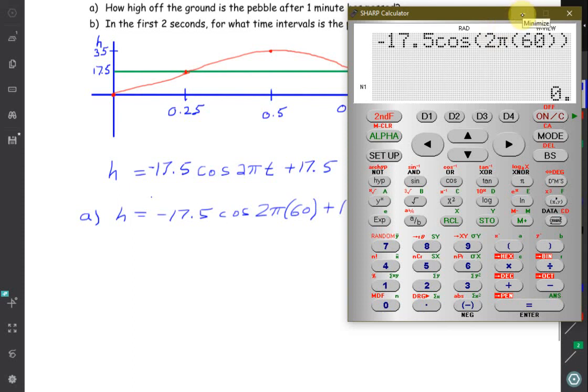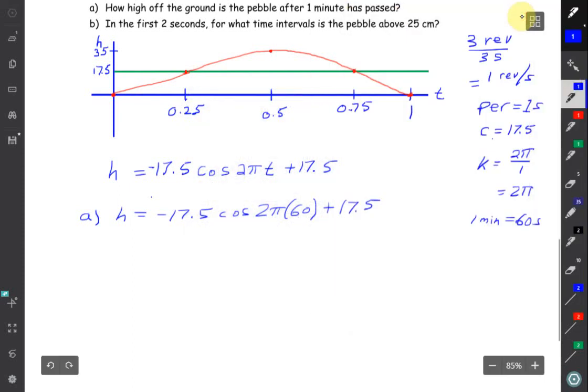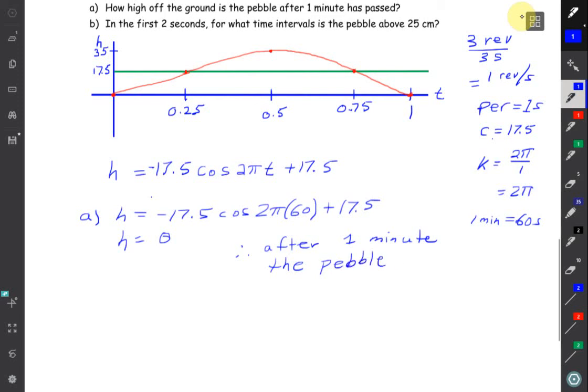And you might be surprised at that at first, but if this is starting on the ground, and we've done 60 full rotations, it's going to be right back where it started. So therefore, after 1 minute, the pebble is on the ground.